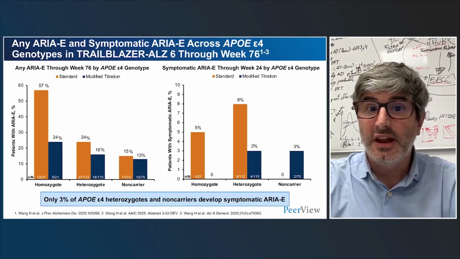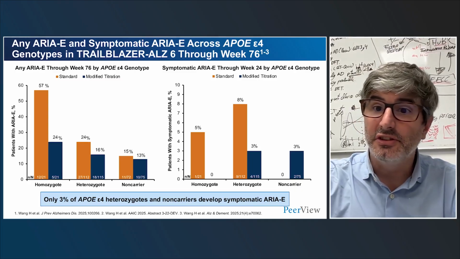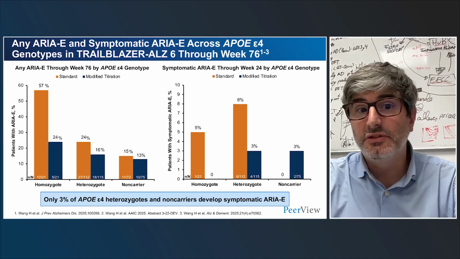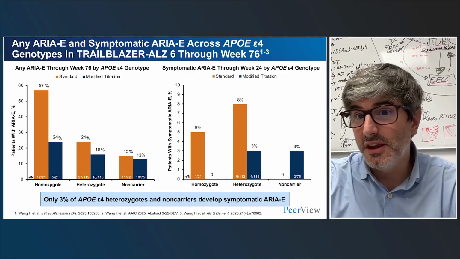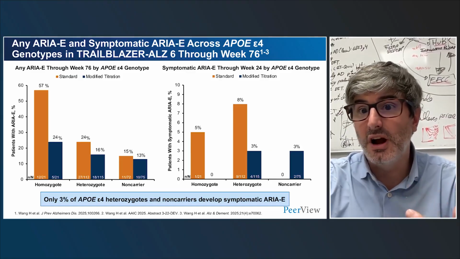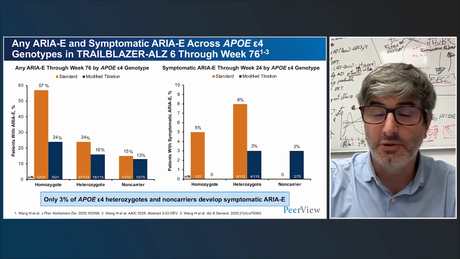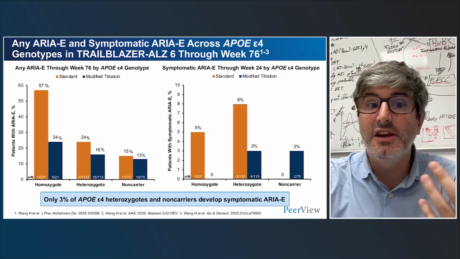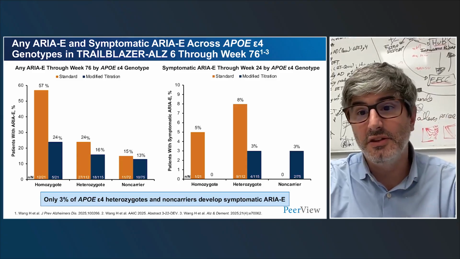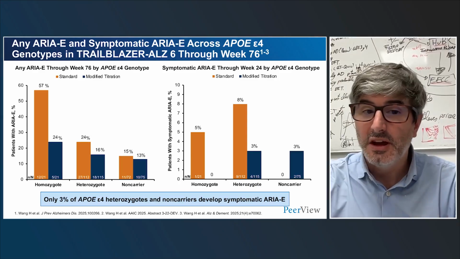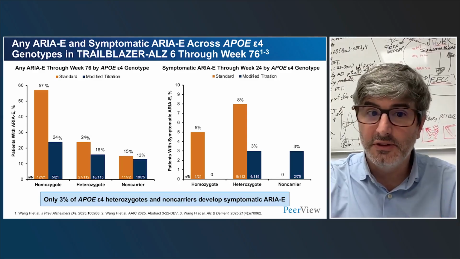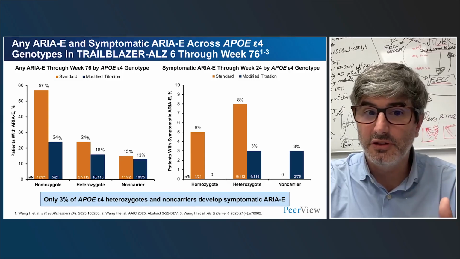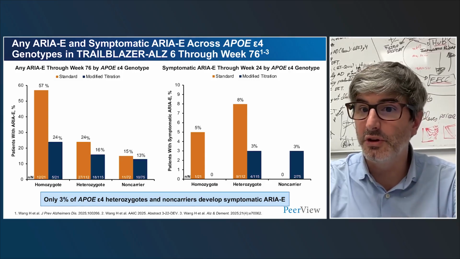And in this slide, I think that this is reiterating a bit some of the message that Frank, you mentioned before, and it clearly shows the APOE4 gene dose risk for ARIA with anti-amyloid therapies. As you can see on the left part of the slide, you can see the risk for any ARIA, and in the right part, symptomatic ARIA. And you can see that homozygotes have much higher risk for ARIA than heterozygotes or non-carriers.